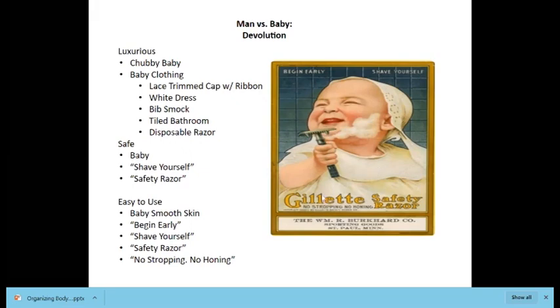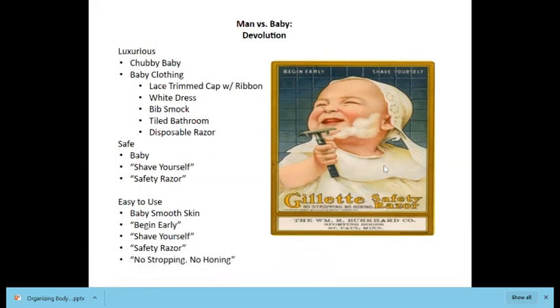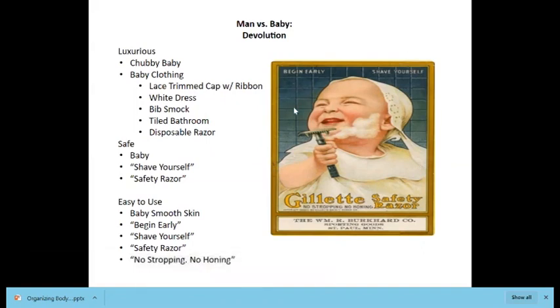The white dress smock and the bib let us know that probably this baby is perhaps preparing to go out to some function with his parents, or perhaps he's going to have his portrait taken. So well dressed, lots of detail in the clothing, the background of well laid tiles all suggest that this is a luxurious product.